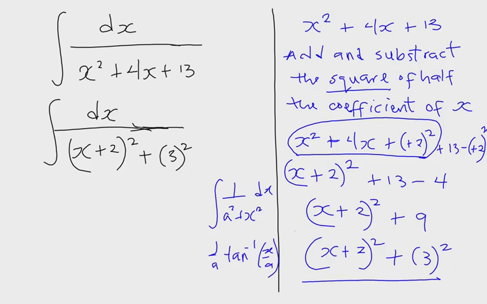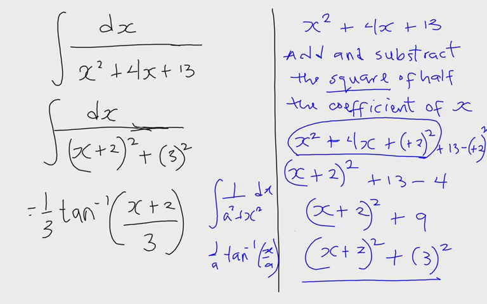Here a is 3, so we have 1 over 3 arctan, and in this case we have x plus 2, so it's x plus 2 divided by 3. We are not dividing by 2 here because it is just an addition, not a multiplication, so it does not change the form of the expression. So we have plus c, and that is the solution to that question.